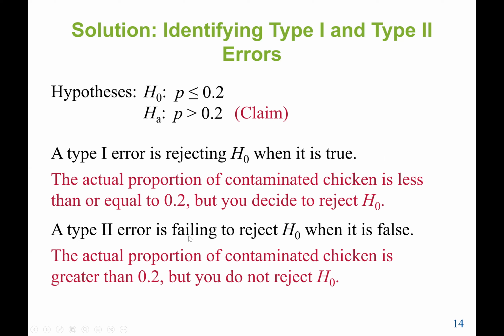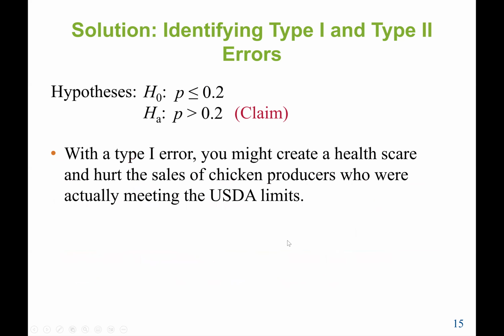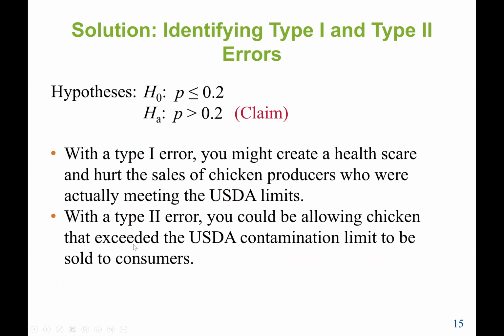Type 2 error means we fail to reject HO when it is false.